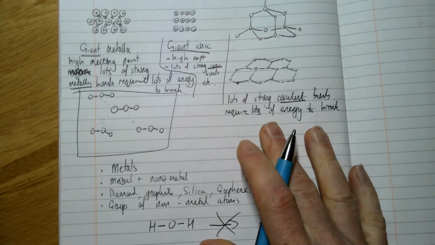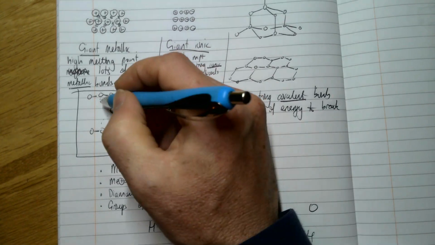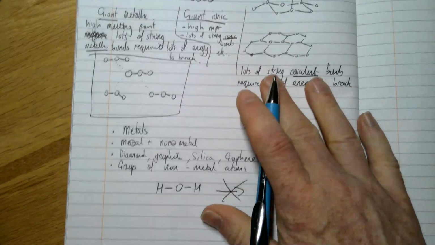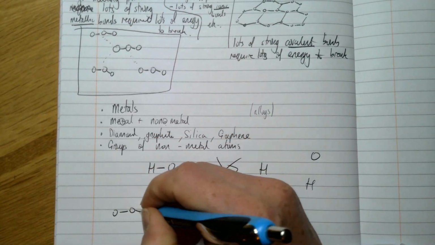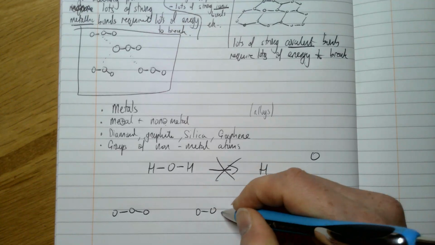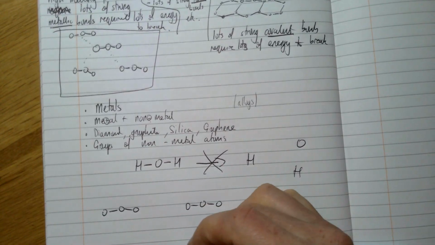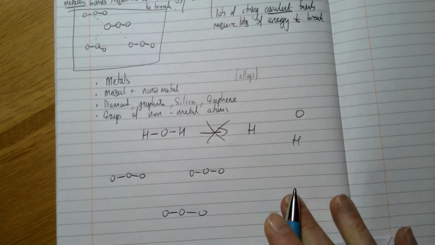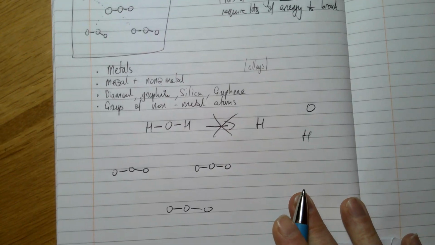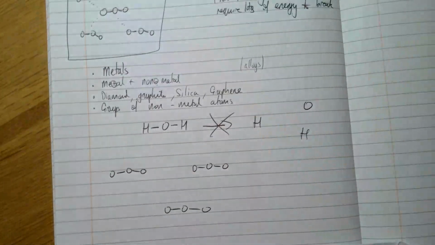When you boil water, you break the intermolecular forces and you end up with individual water molecules, which I'm representing just with circles for now, away from each other, not touching, not held together, separate from each other. So you go from a solid to a liquid to a gas much more easily.